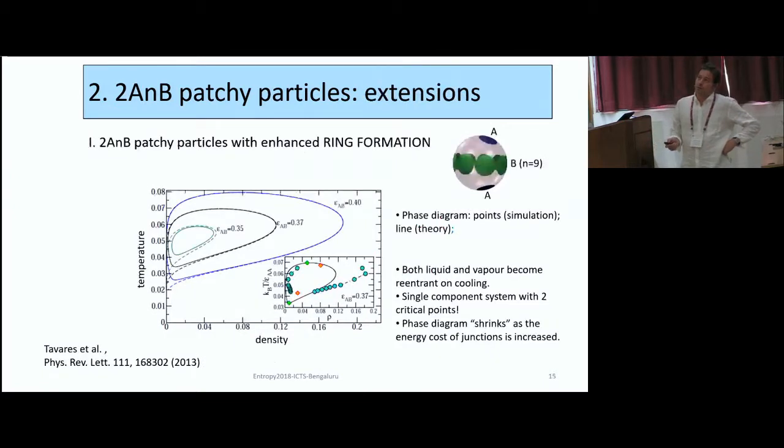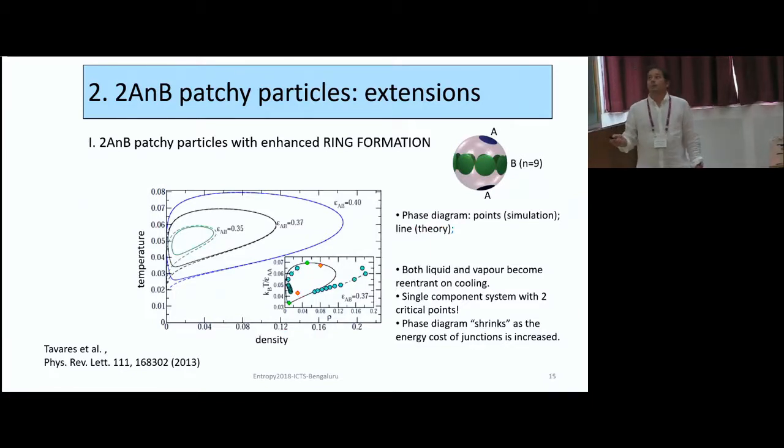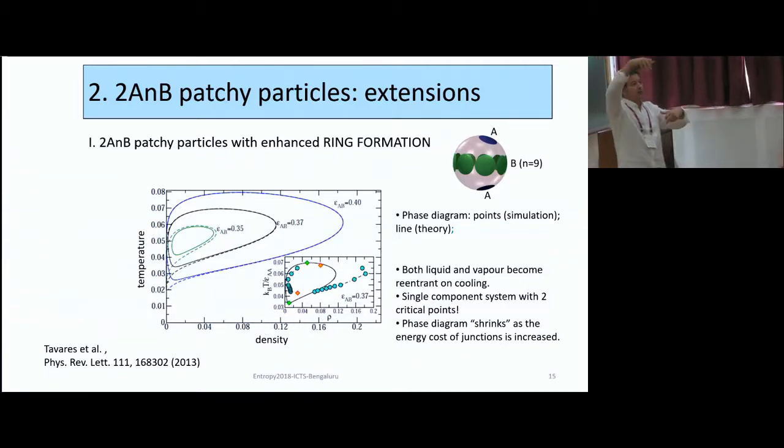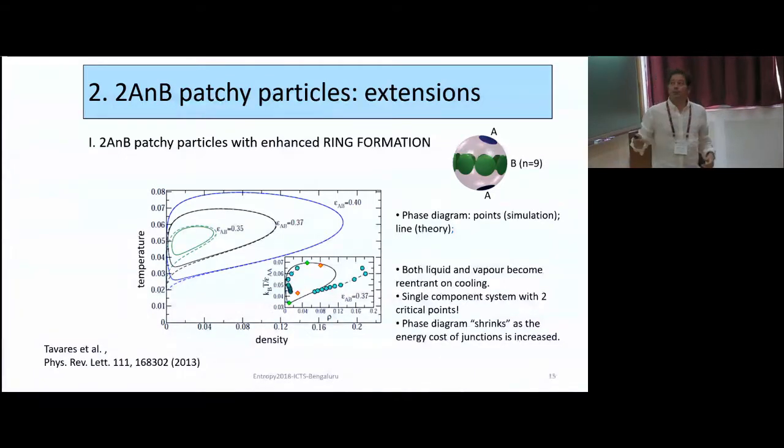You can also get this type of phase diagrams in some extensions that we did of this model. The first one was to enhance the possibilities of ring formation. So what you do in the simulation to have rings is that you put these two-way patches a little bit off pole. So now there is some tendency to curve, and you can form rings.